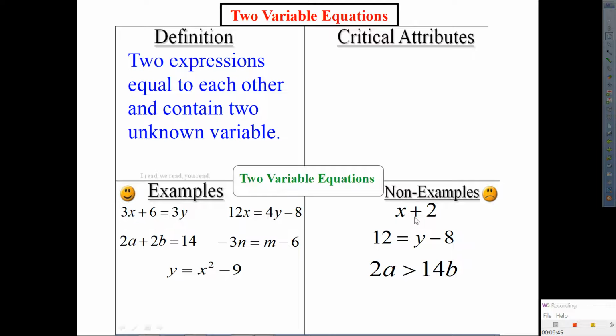The first one, why is the first one not a two-variable equation? Doesn't have the equal sign, obviously, and it also doesn't have a second variable. Yes. So, if it's not an equation, tell your neighbor what we call this one without any equal sign. What do we call that? Expression. Anything that is not an equation or an inequality, it's an expression.